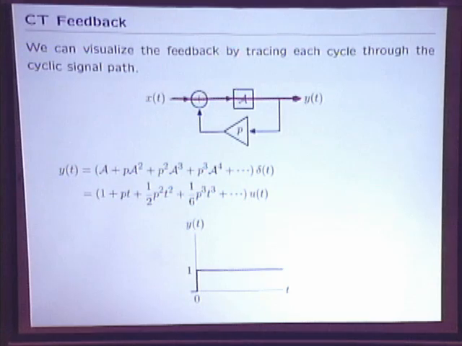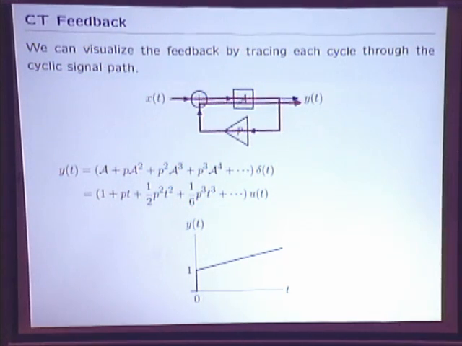Now think about it in the time domain. You put in a delta function. The first thing that comes out is a step. The second thing that comes out and gets added to the first thing that comes out is integrate, multiply by P, and integrate again.